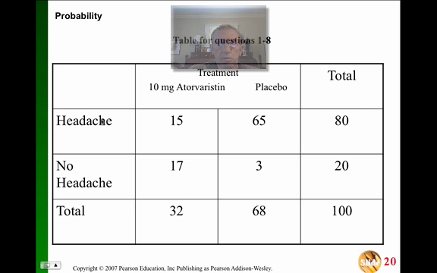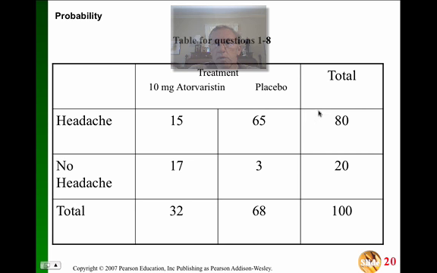So let's take a look at another cross-tabulation here. We've got a headache and no headache for 100 subjects, and we've got medication and no medication. The likelihood of getting a headache is 80 divided by 100. The likelihood of no headache is 20 divided by 100.